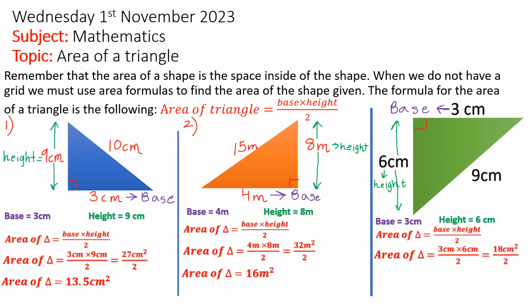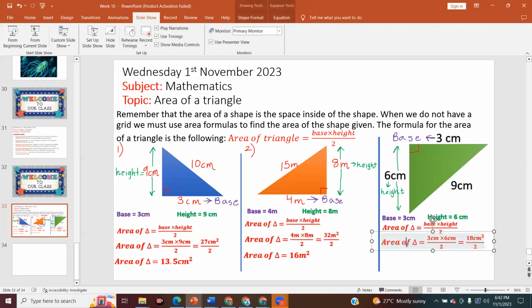So the base is 3, the height is 6, and so what is 18 divided by 2? 9. 18 divided by 2 is 9. Very good. So the answer is 9 what? Centimeters squared.